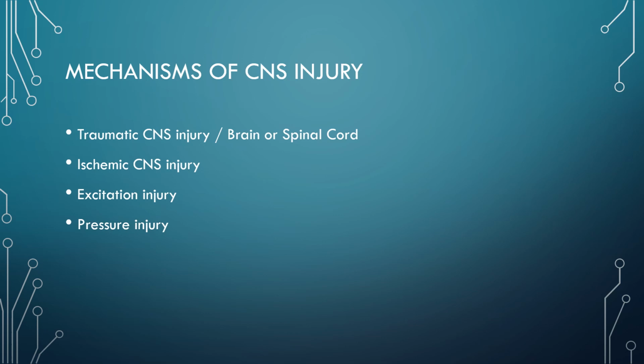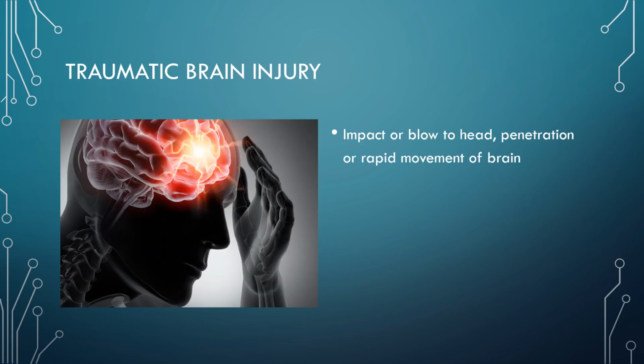We're going to talk about 4 different types of injury: traumatic CNS injury to either the brain or spinal cord, ischemic, excitation and pressure injuries, and then we'll highlight a couple different examples of that: cerebral palsy, MS, and Parkinson's disease.